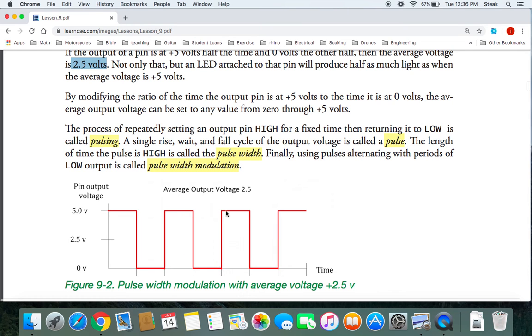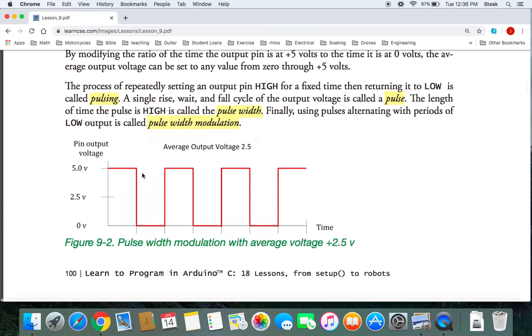And the time that it's at 5 volts is the width, right? And that makes sense. If you look at this as a rectangle, this is the width of the rectangle. Here's the height, and here's the width. And so we call it pulse width modulation. That means we're modulating the width, or the amount of time that it's at 5 volts.